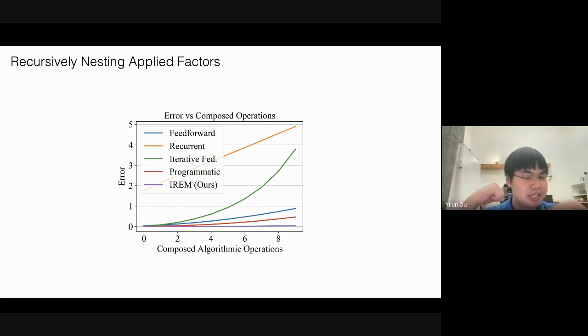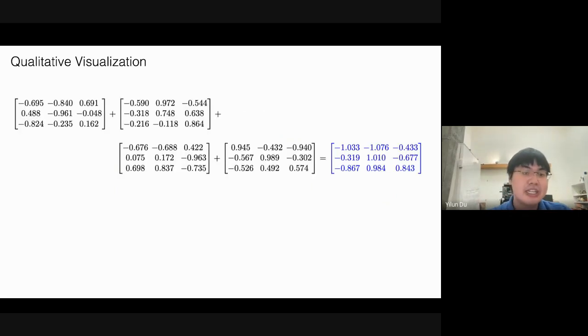Because as you run these inputs more and more, they get more and more out of distribution and incorrect. You only train these models to add numbers, let's say, between -1 and 1, and now you have values that could be between -3 and 3 or larger. What you find is that with this iterative reasoning, you can accurately compute this regardless of the number of compositions you add.